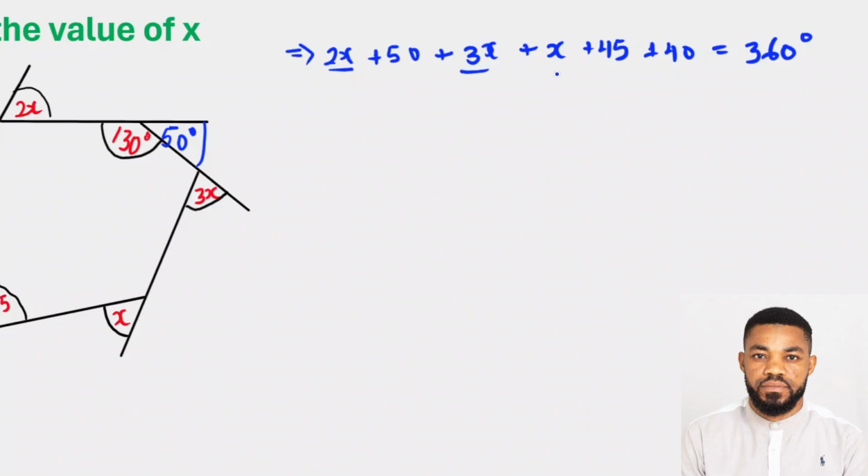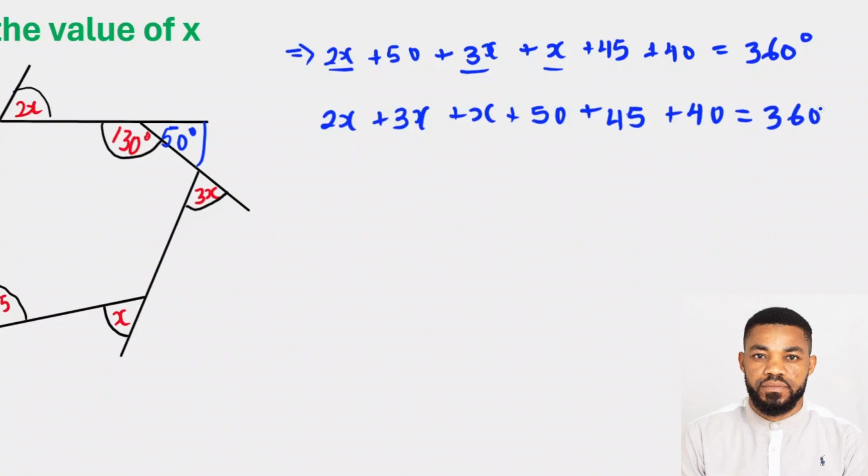2x, 3x, and x are like terms. So we're going to get 2x plus 3x plus x. Now, with the numbers, you have 50 plus 45 plus 40. 2x plus 3x will give us 5x, now plus x.